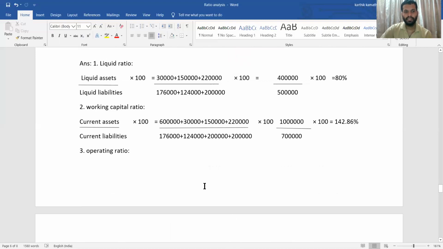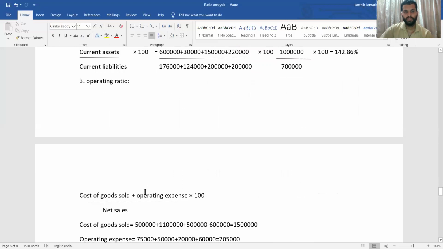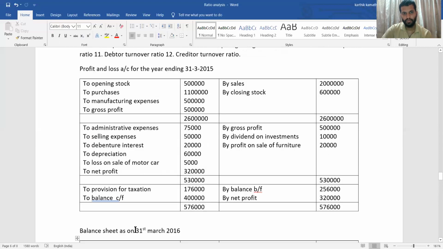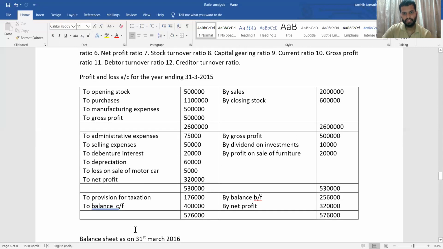Third one, operating ratio. Operating ratio is equal to cost of goods sold plus operating expenses, divided by net sales into 100. Here, how to calculate cost of goods sold? That is sales minus gross profit, or else opening stock plus purchases plus direct expenses minus closing stock.